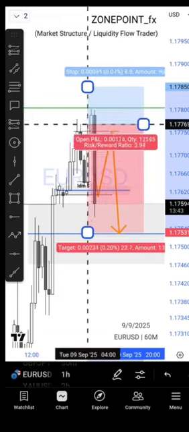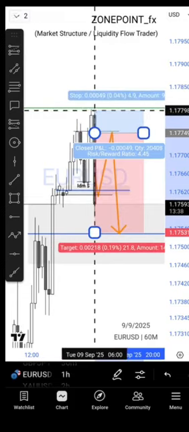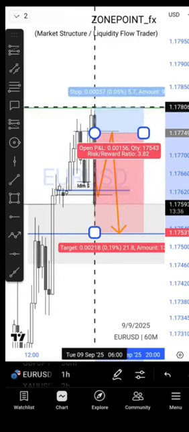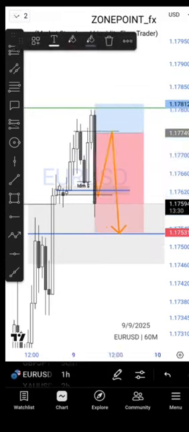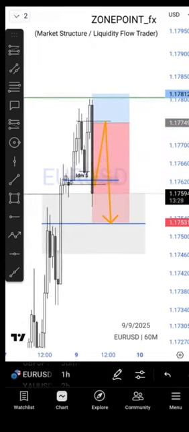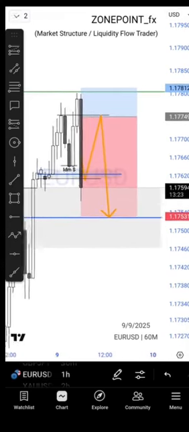So to me, I'll be tightening my SL to this level. I'll be using this level here to tighten my SL. To me, it's okay like this.